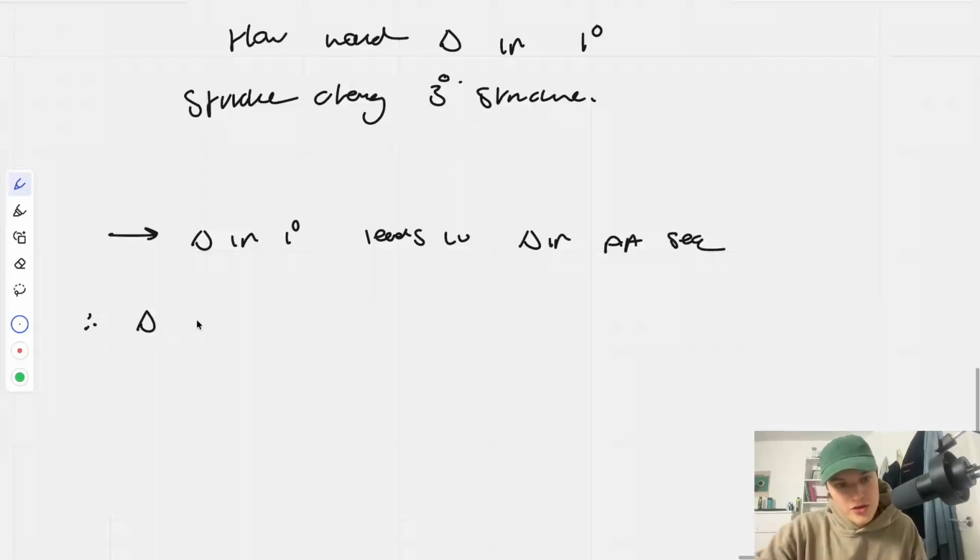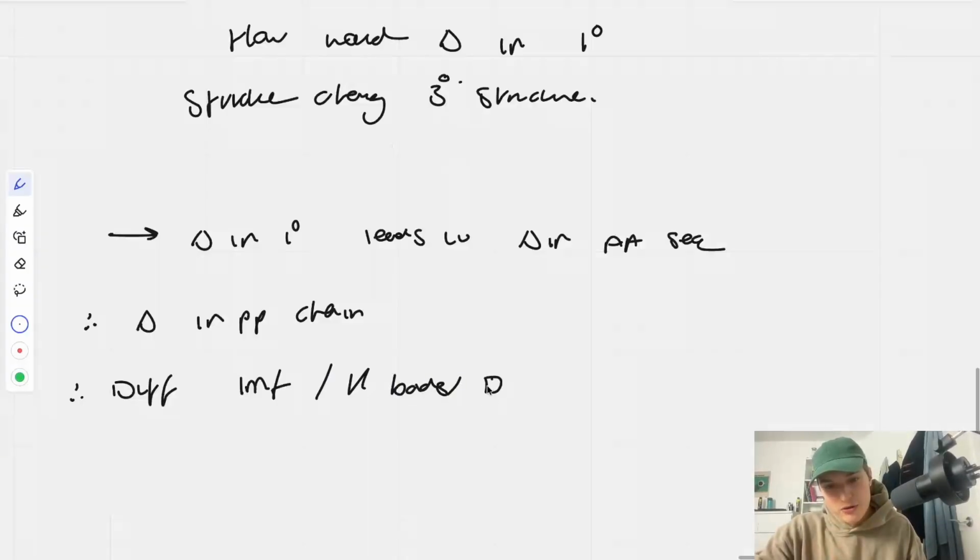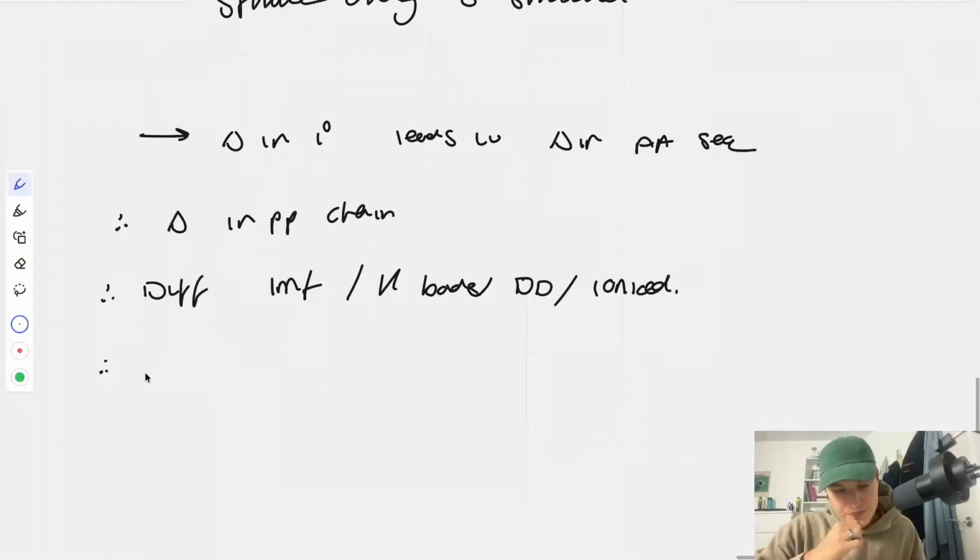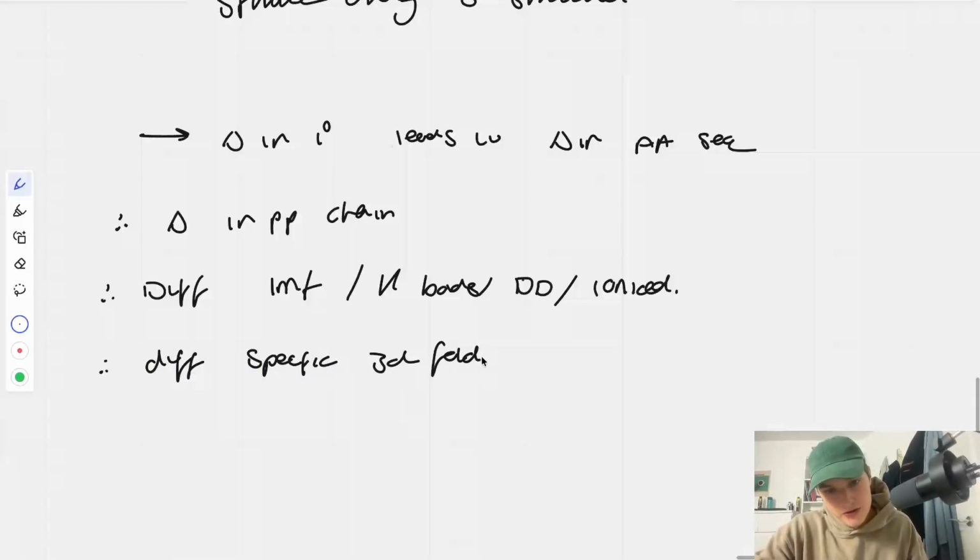Therefore, change in polypeptide chain. Therefore, different intermolecular forces, hydrogen bonds, dipole forces, ionic bonds, etc. We've talked about them in the tertiary, quaternary. Therefore, different specific 3D folding in tertiary. Therefore, different shape.